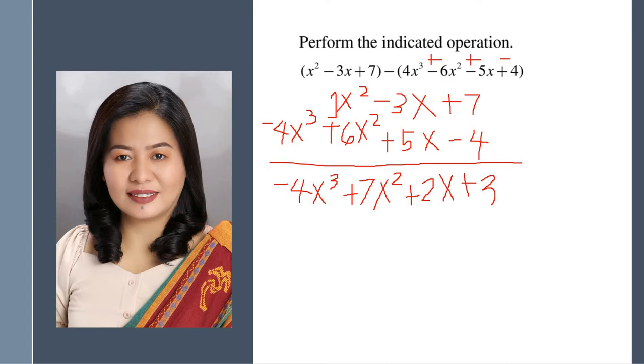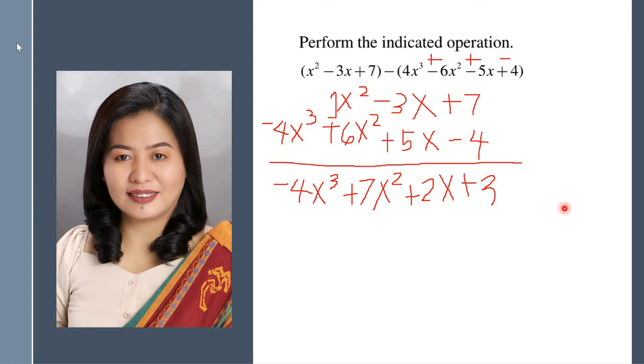Here is just basically adding. So the difference of x squared minus 3x plus 7 and 4x cubed minus 6x squared minus 5x plus 4 is negative 4x cubed plus 7x squared plus 2x plus 3. So we have solved our first operation.